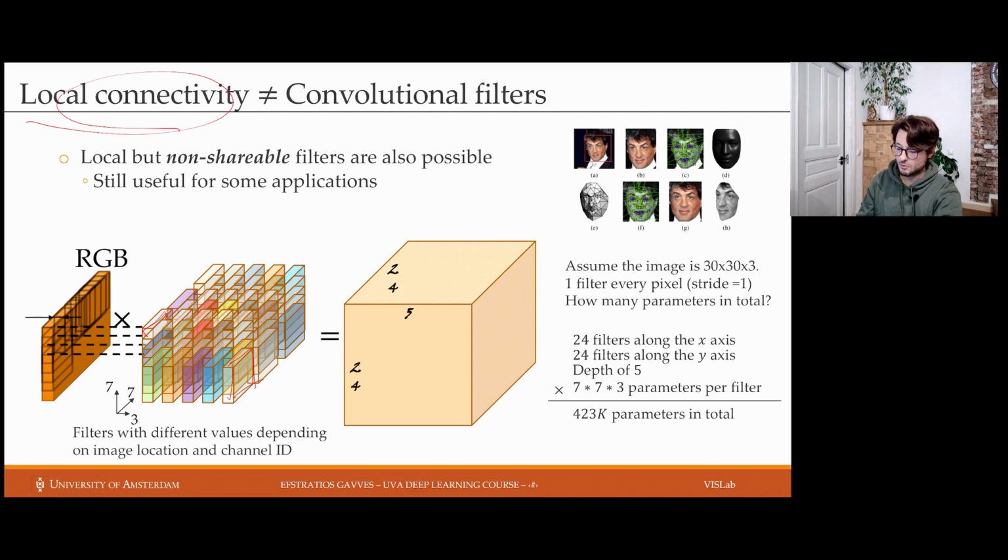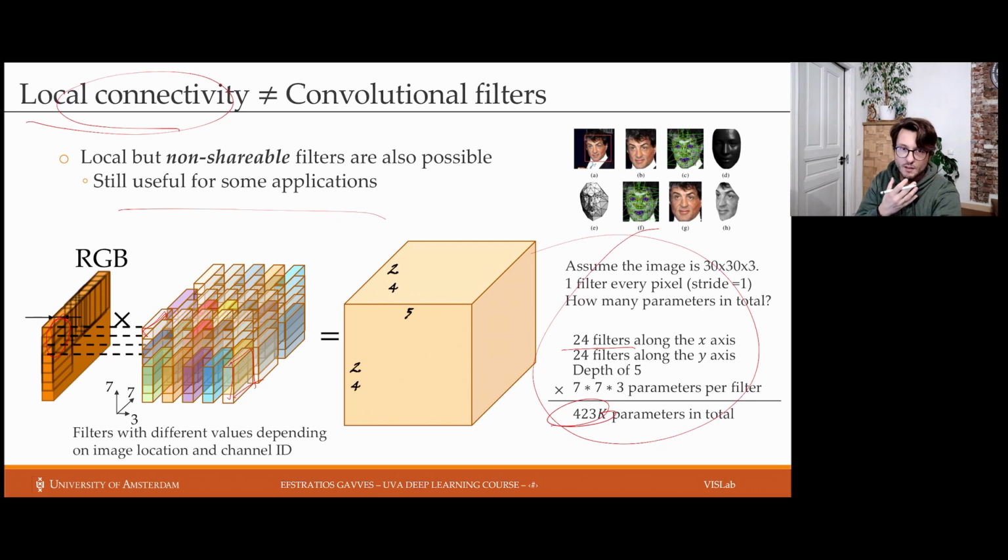Generally, this leads to much more expensive parameterizations, right? For just 24 filters along the x and y axis, and for a relatively small image, we would have a lot of parameters. However, this can be useful in some applications where the location is actually important to encode certain types of features.